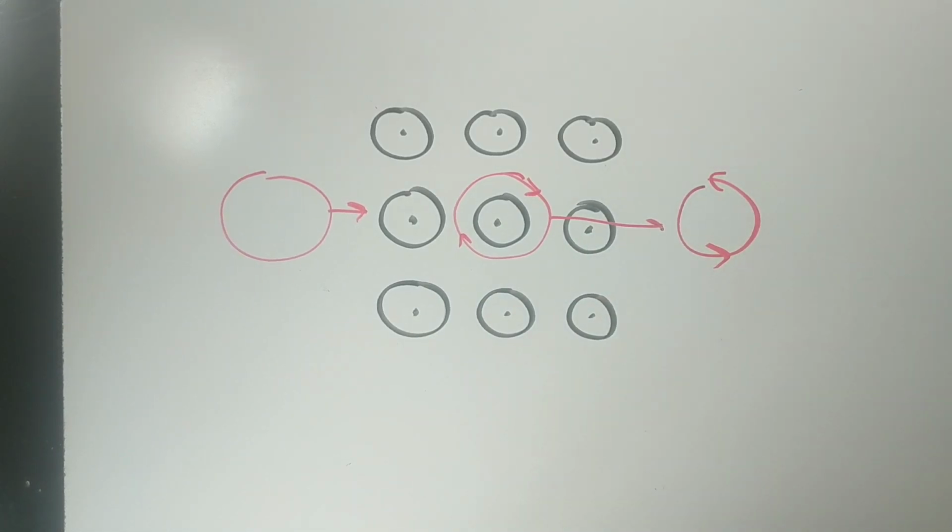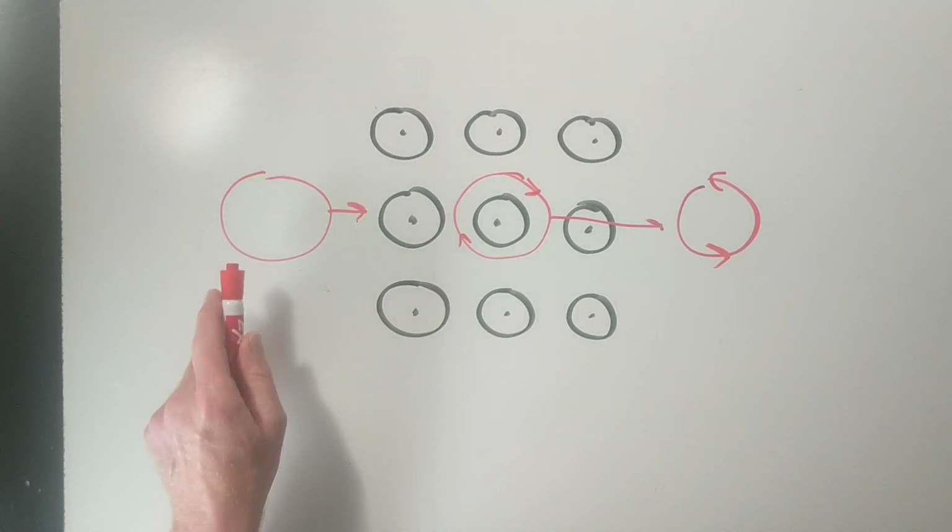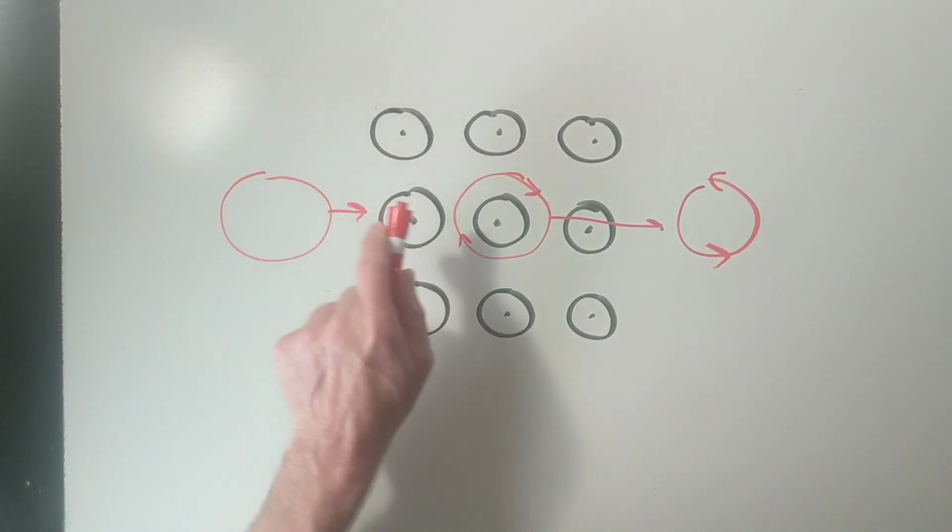But let's actually go back and look at a much easier way to look at it. Since it is going to resist the changes to the magnetic flux, just ask yourself this question: is the magnetic flux through the loop getting bigger, or is it getting smaller? In the first one, the magnetic flux through the loop is getting bigger.